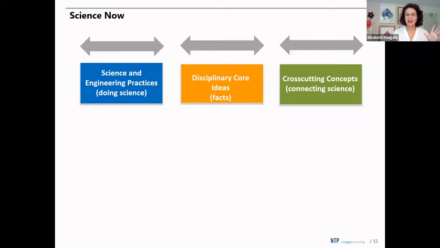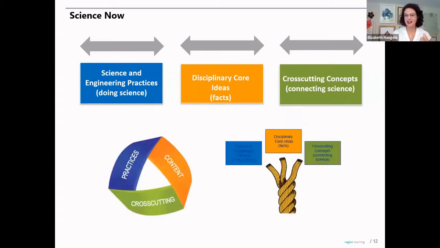And I think this picture, the way it's presented here, is a little misleading because it looks like we spend some time on practices, some time on core ideas, and sometimes on concepts, but actually they are intertwined and connected to each other. So you'll often see diagrams like this used to represent the dimensions of the science standards because they are all presented together as one.